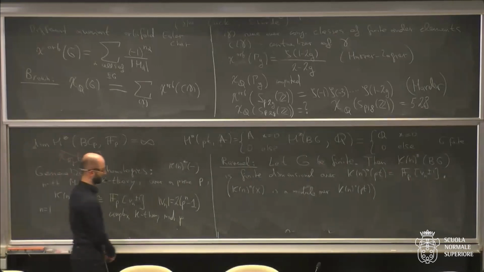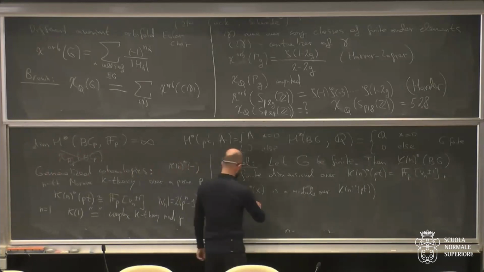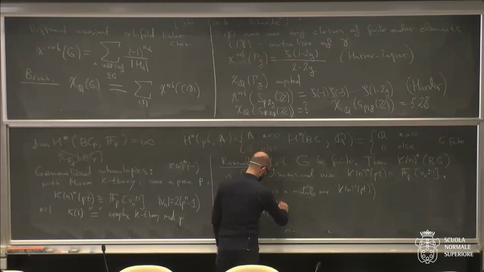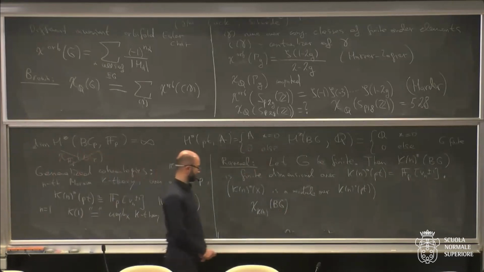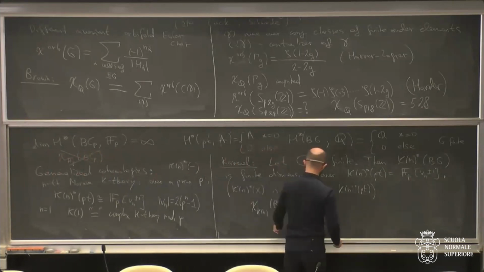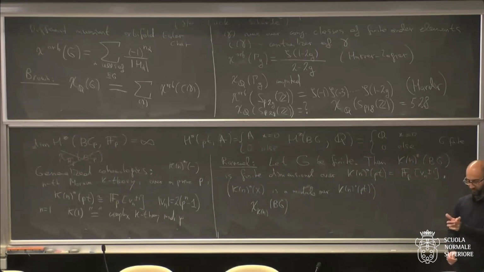And so what you can do now, using this result by Ravenel, is define the K_n-theoretic Euler characteristic of BG. Here I need to be a bit careful. When you do the usual Euler characteristic, you sum the even ones, the odd ones, and you subtract the odds from the evens. You can do the same here.